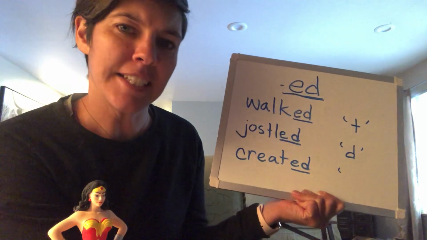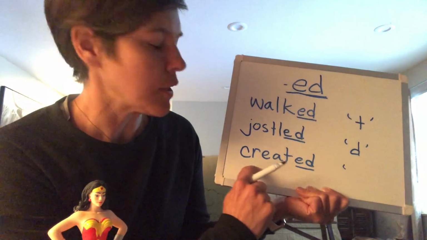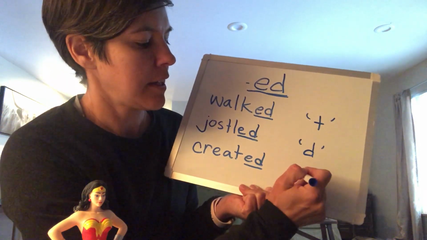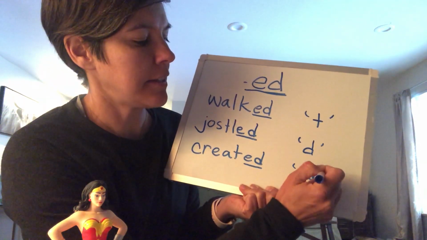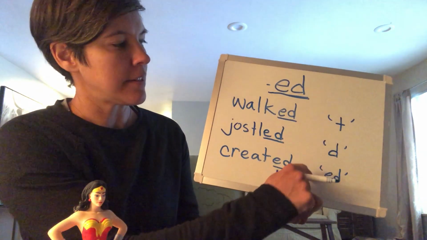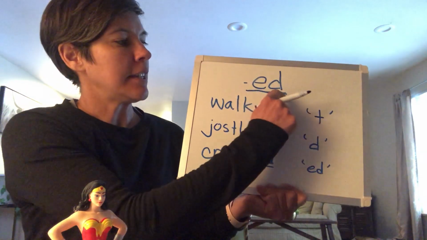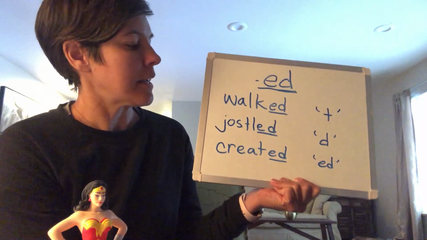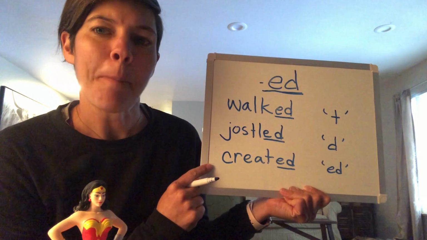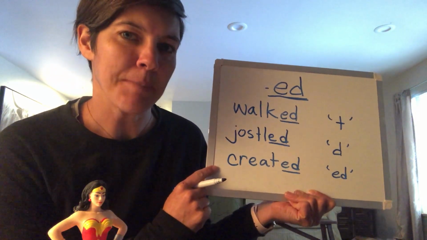What sound does the ed make in this word? Created. Do you hear that? It kind of makes an ed sound. Created. So these are the 3 sounds that ed, the ending, can make when you attach it to a verb to make it past tense, something that happened in the past.